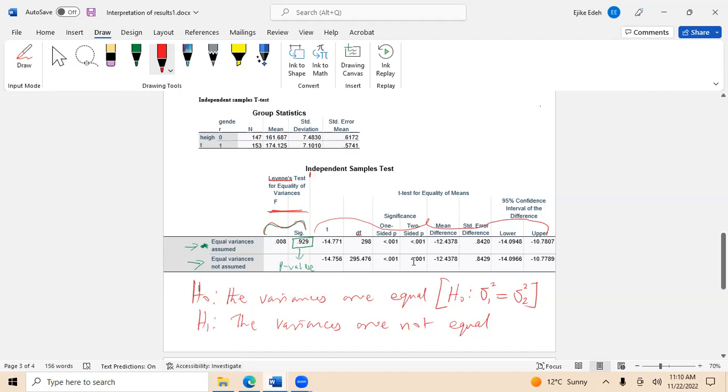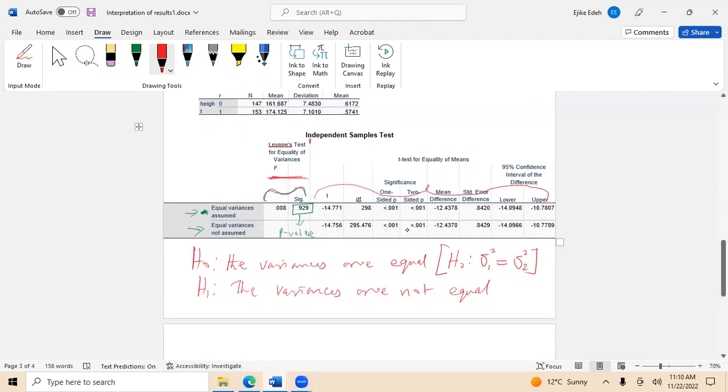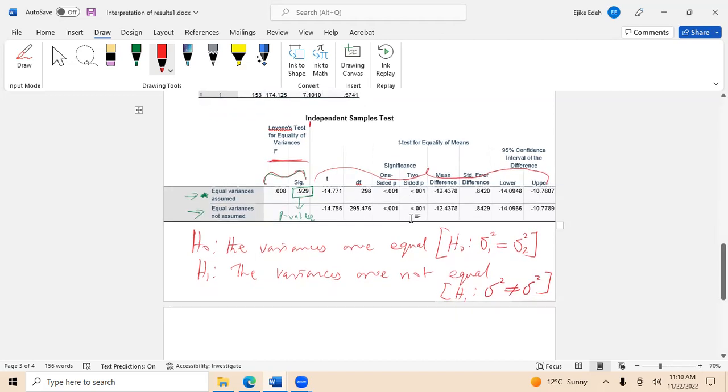In notation, H1 says the variance of group 1 is not equal to the variance of group 2. Okay, so coming to your question, the p-value.